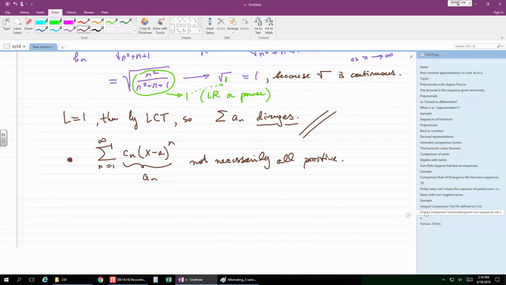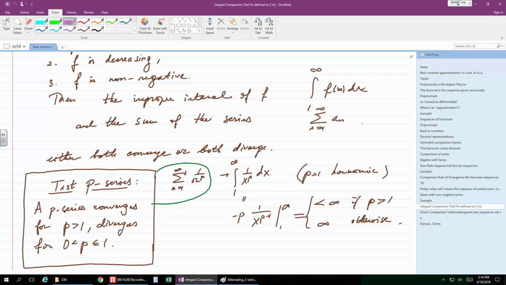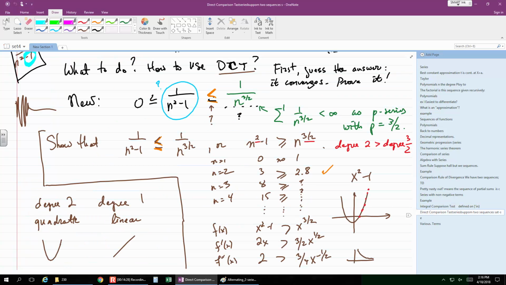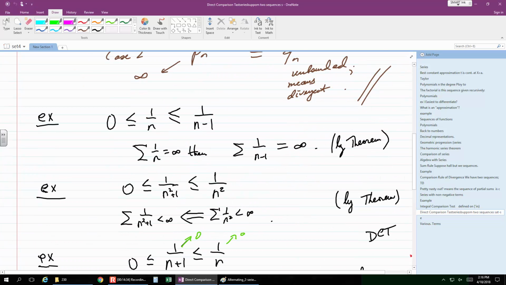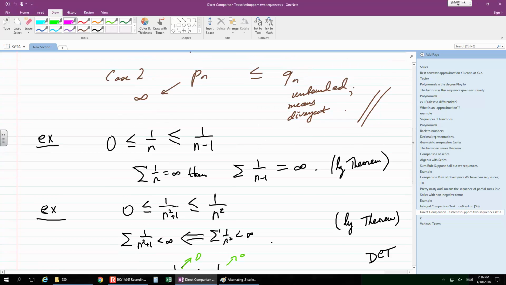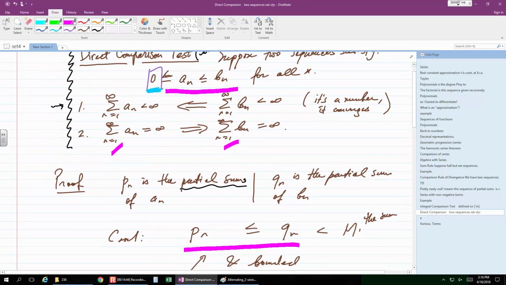Originally I put them in. They are important, but not that important, because adding or removing several terms from a series does not change its limit. It does not change its sum.